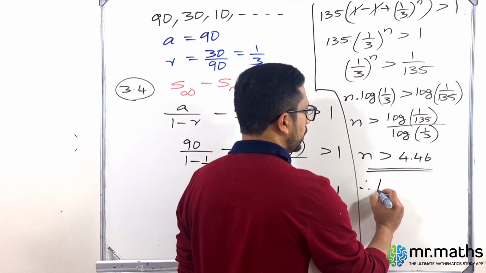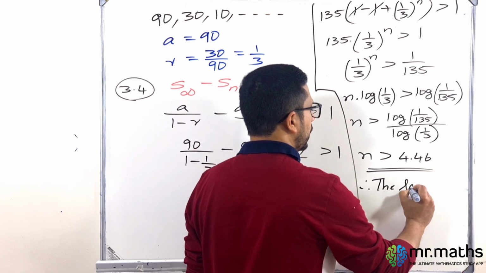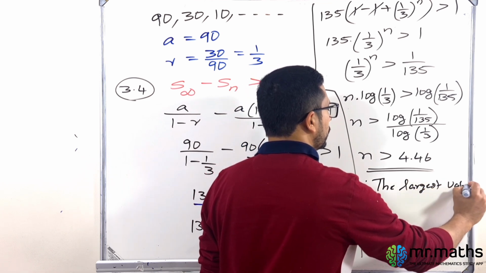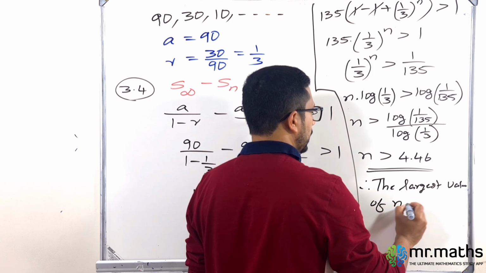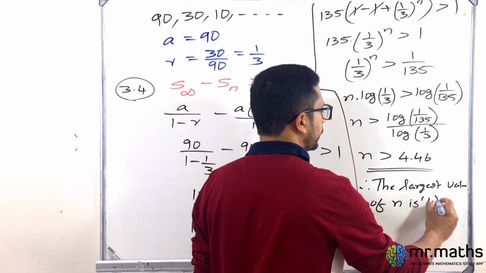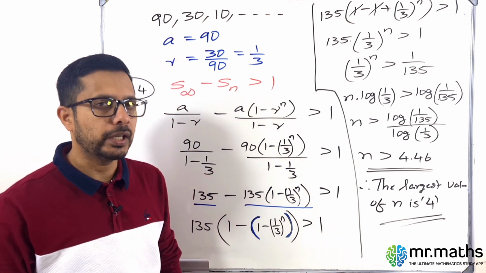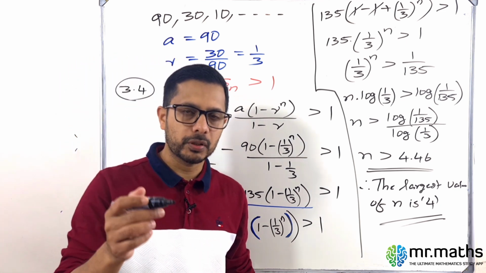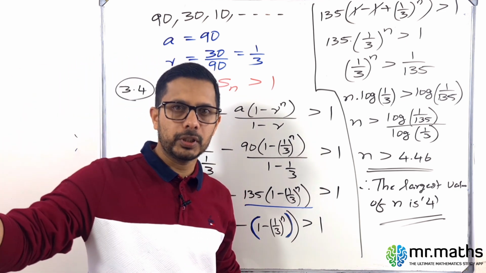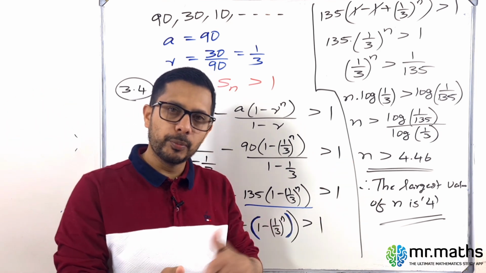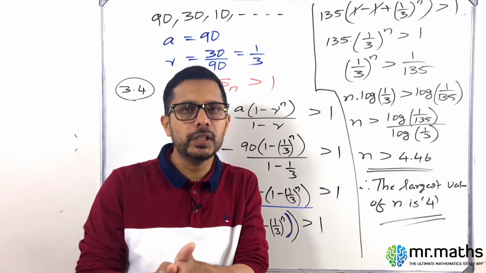Therefore the largest value of n is 4. Here n means the number of terms, so fourth term, fifth term. The largest value, 4.46, means above 4. So the largest value of n is 4.